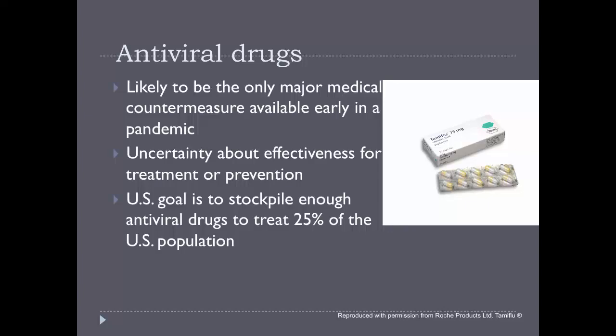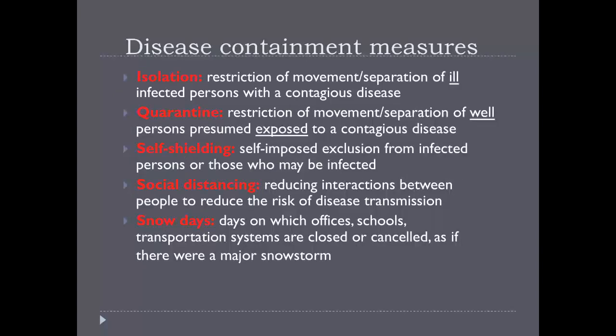Even if you stockpile in the United States, you might treat 25% of the population, but that leaves 75% of the population in the United States untreated, and then you forget about the rest of the world, billions of people. Stockpiling is probably unrealistic from a financial point of view for an outbreak that may not happen.